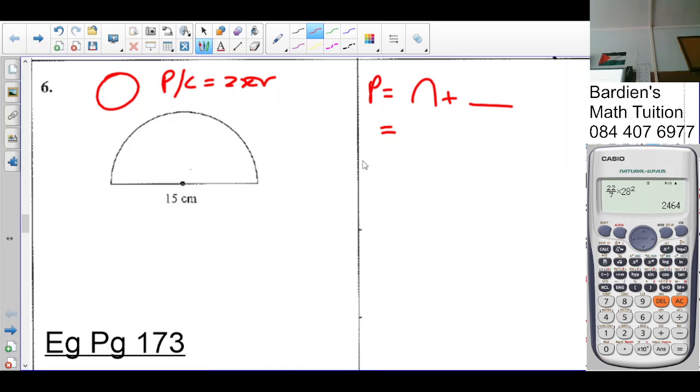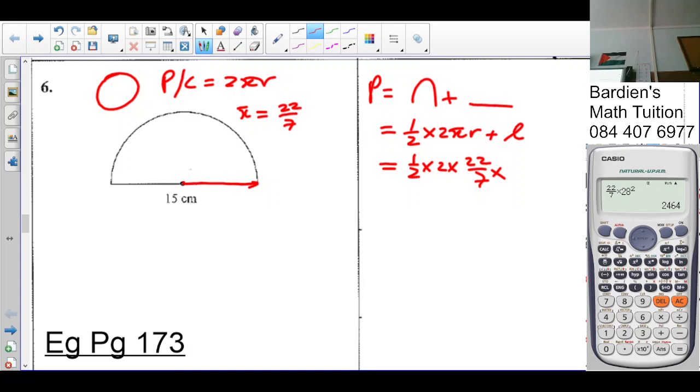So it's going to be half times 2 pi r plus the length of that line, whatever that line is. So that's going to be half times 2, times pi. You said we're going to use 22 over 7. So it's times 22 over 7 times, what's the radius of this line?